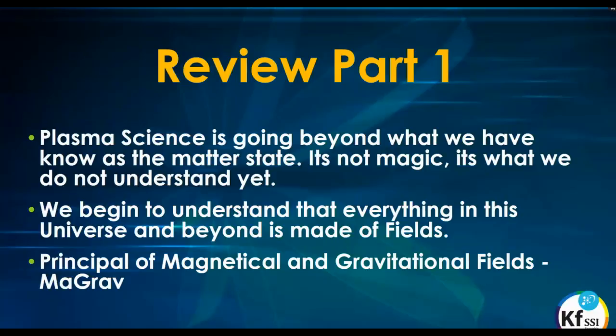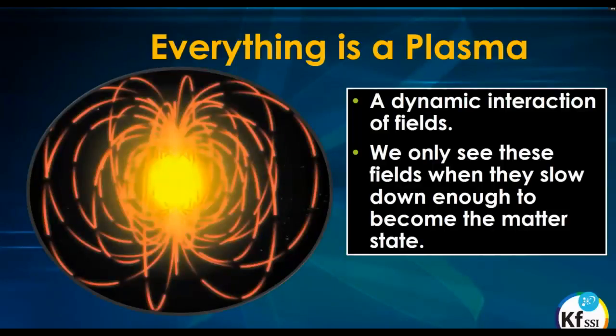And we have the principle of the magnetical and gravitational, the maggrav fields. And we know that everything is a dynamic interaction of these fields, and we only see these fields when they slow down enough to become the matter state for our eyes can see.